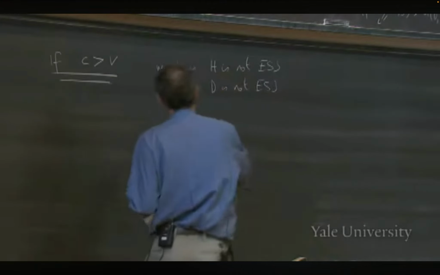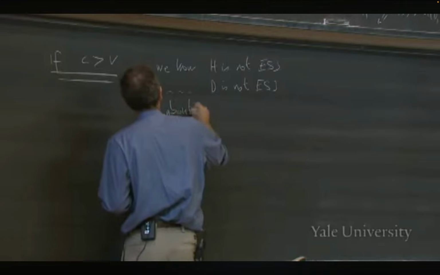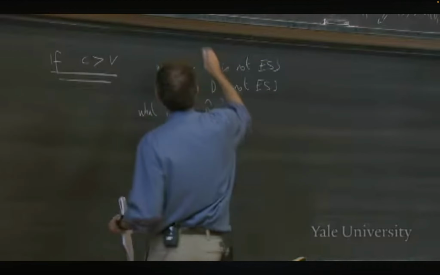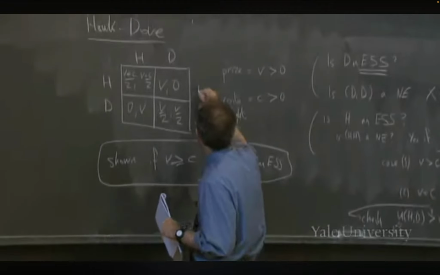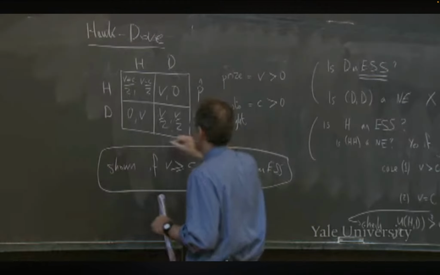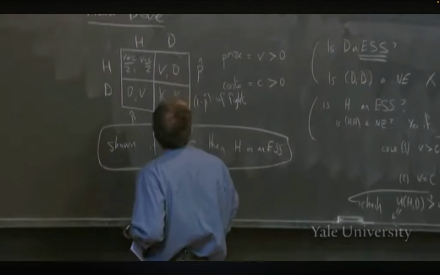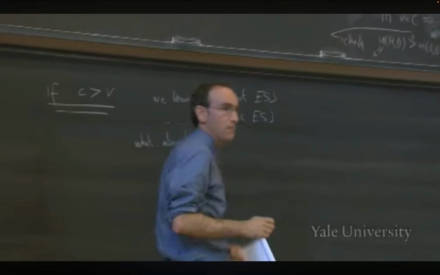So what about a mix? What about some mix P hat? We could actually put the P hat in here. We can imagine looking for a mix P hat, 1 minus P hat, that will be stable.